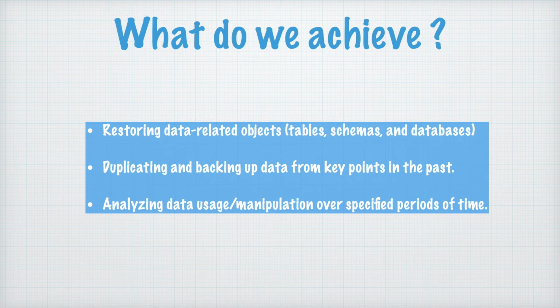Now, what are we going to achieve through this time travel feature? That's the important question. We are going to restore data related objects like tables, schemas, and databases, duplicate and back up data from key points in the past, and analyze data usage and manipulations over specified periods of time.